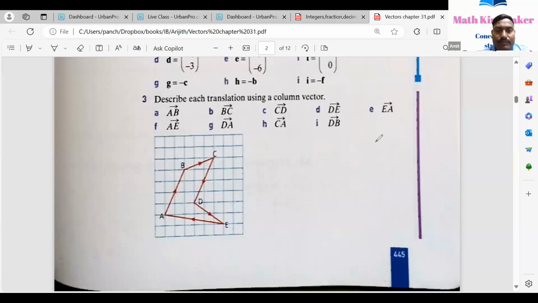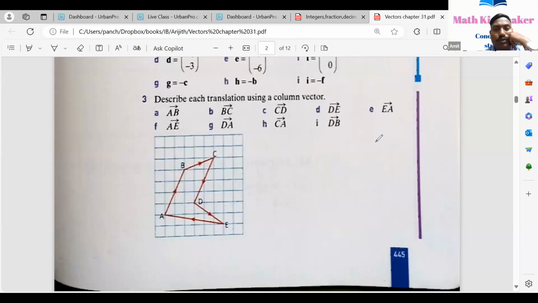DE. So 0 minus 3, and 3 minus 2 will be -2.